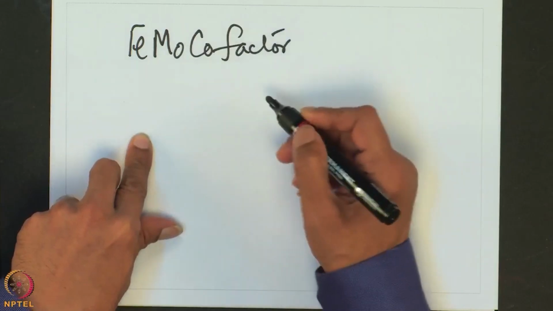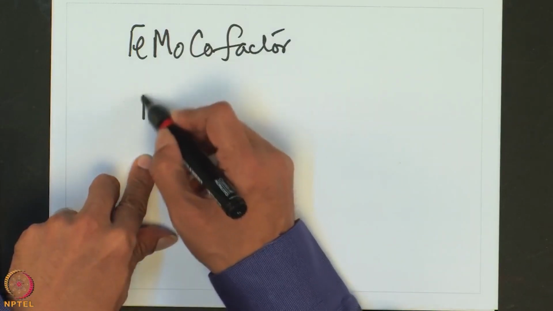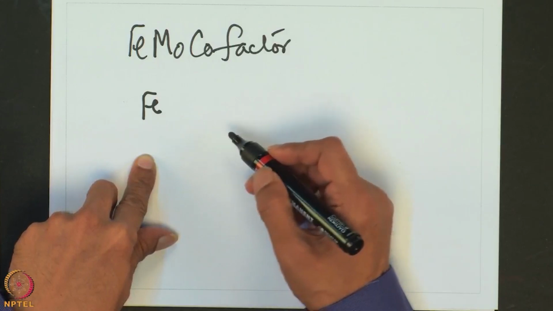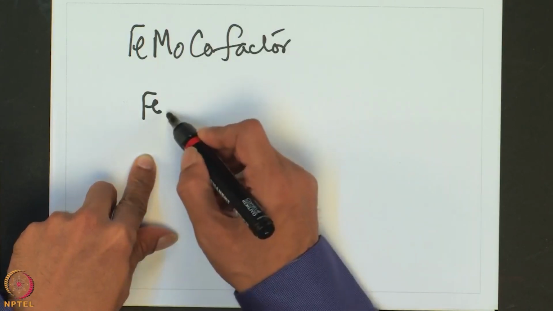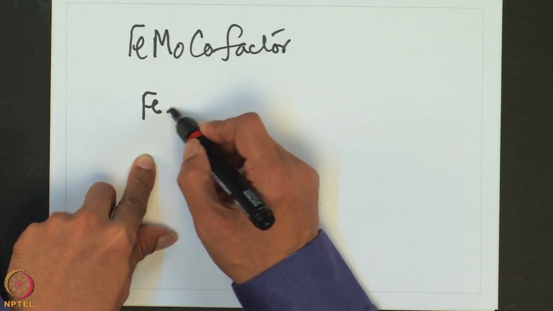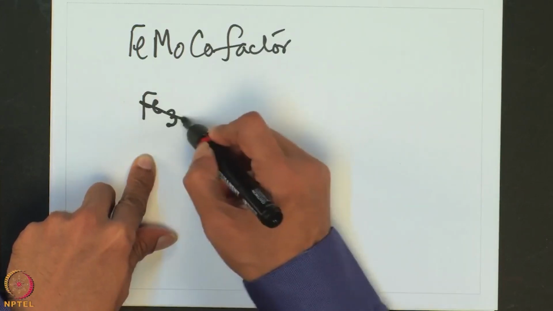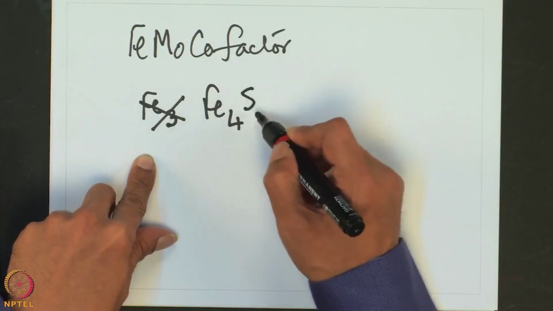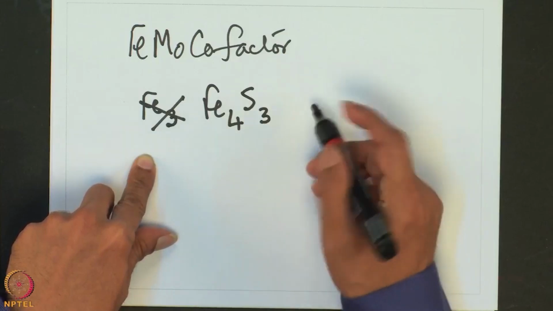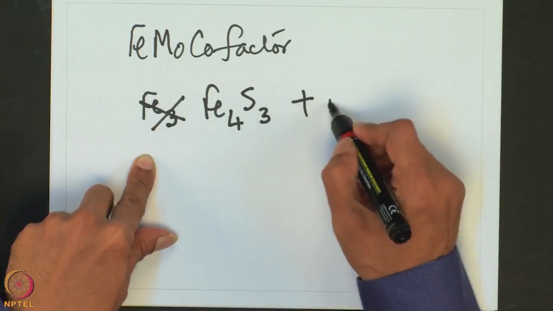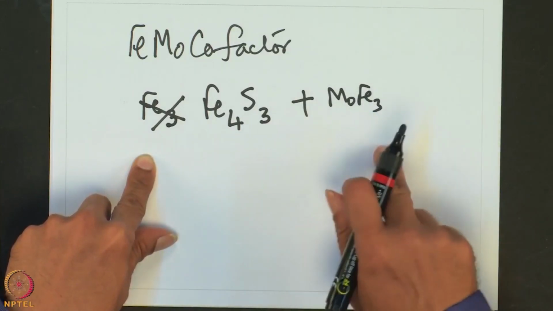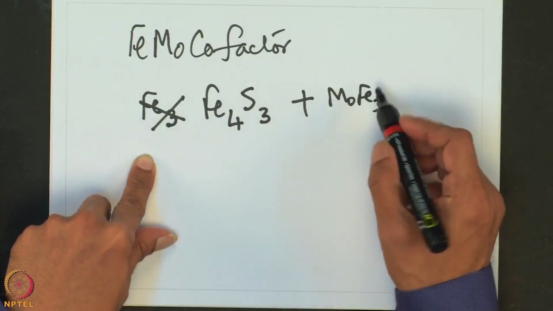So, this is basically Fe4S3 and MoFe3S3. The Fe4S3 is combined with, instead of another Fe4S3, MoFe3S3, because you always have 4 corners, the other corners being sulfide, so 8 corners always.